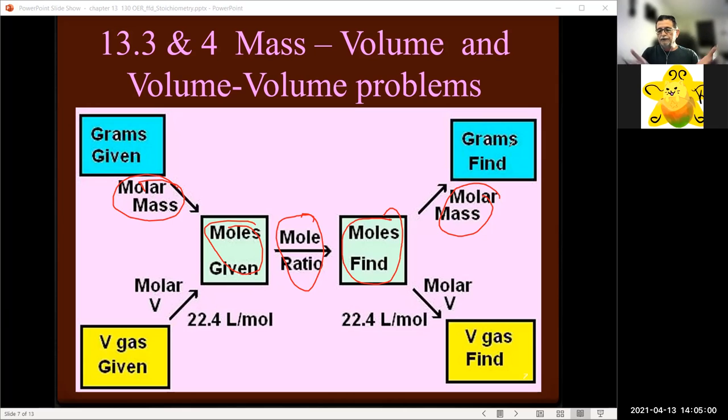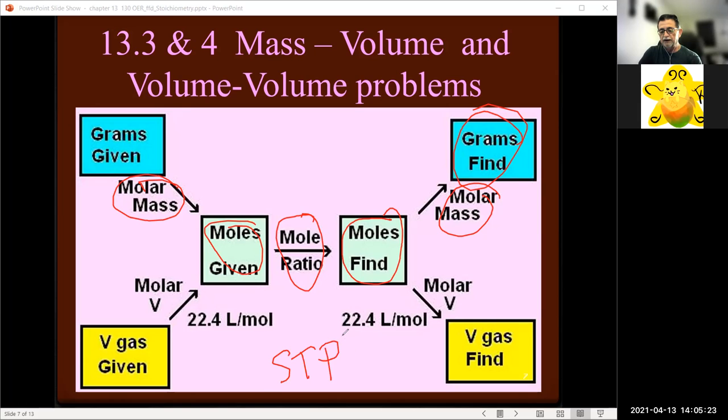We're trying to put everything together that we talked about. Okay. And this chapter does put everything together. So from the molar mass, then we can calculate the grams that we're looking for. Now, the things in yellow, only at STP.